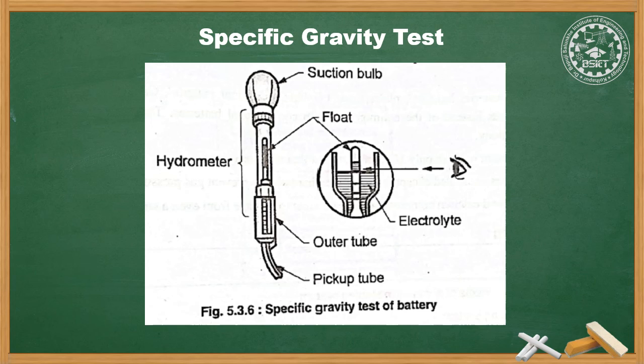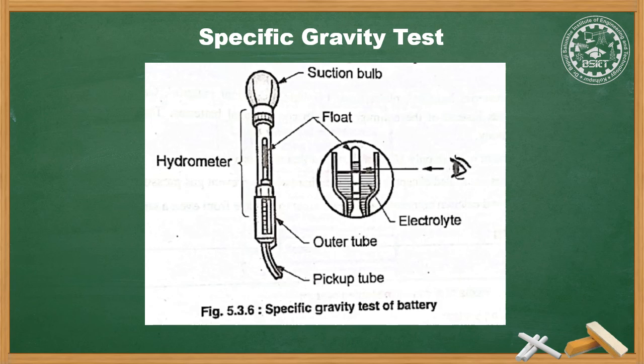If the hydrometer reads 1.280, it indicates that the liquid is 1.28 times as heavy as water, and at this reading the battery is fully charged. The reading of the hydrometer shows the condition of the battery according to the table. If the reading is 1.22 to 1.23, it is fully charged.